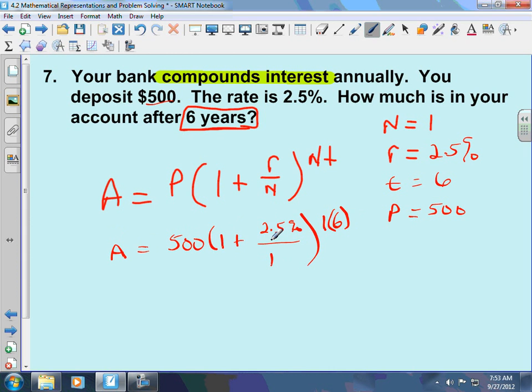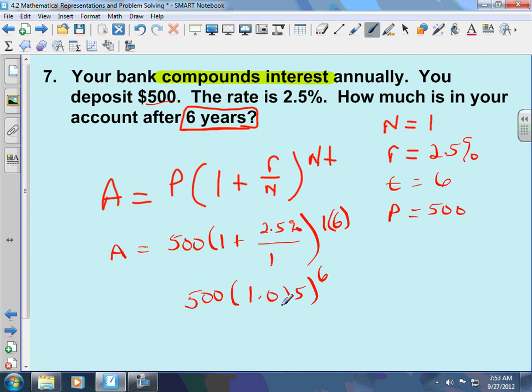We're just going to break this down and do the inside first. 2.5% divided by 1 equals 0.025. So 1 plus 0.025 is 1.025. So I have 500 times 1.025, all raised to the 6th power.